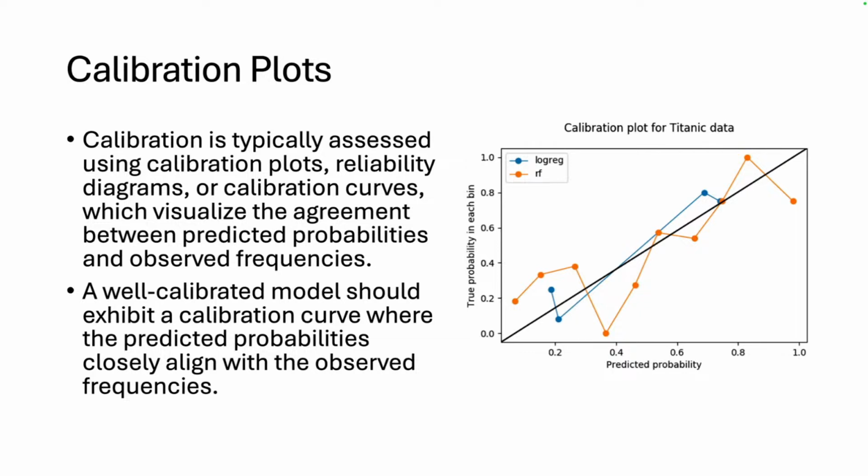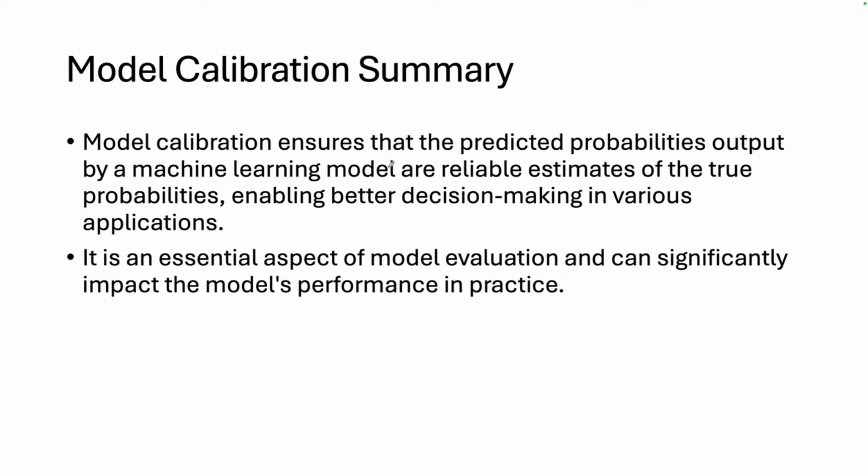So we can make calibration plots, and we can plot raw models, so logistic regression versus random forest, and see which one is more natively calibrated. We can evaluate how well they are outputting this distribution relative to that perfect calibration. And like I said, we can actually enforce that.